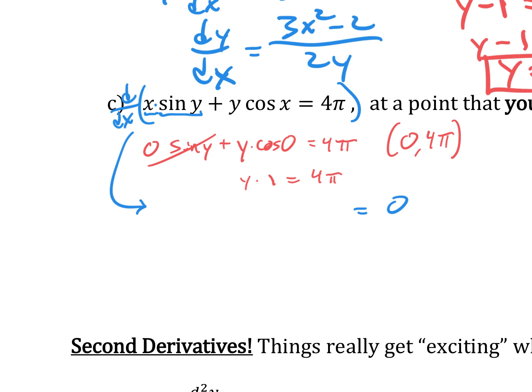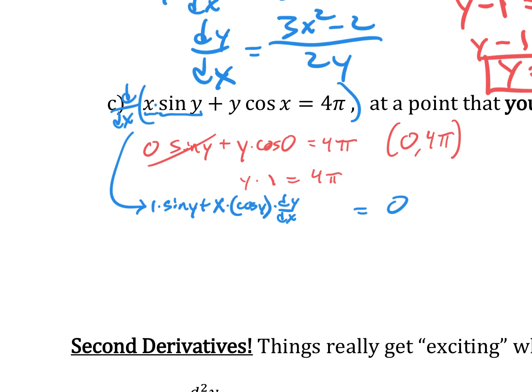Derivative of x is 1. Derivative of the first times the second plus the first, which is x, times the derivative of the second. Well, the derivative of sine y is going to be the derivative of sine, which is cosine y, times the derivative of the inside, which is dy/dx.